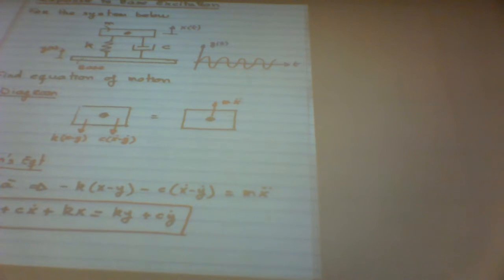What did we learn in the last chapter? Is to find the response of a system when it's subjected to a forcing function. So in this case, what's going to be our forcing function? k y plus c y dot. So following exactly the same procedure, we should be able to find the answer, no? Okay? So same procedure, maybe different algebra or final results.